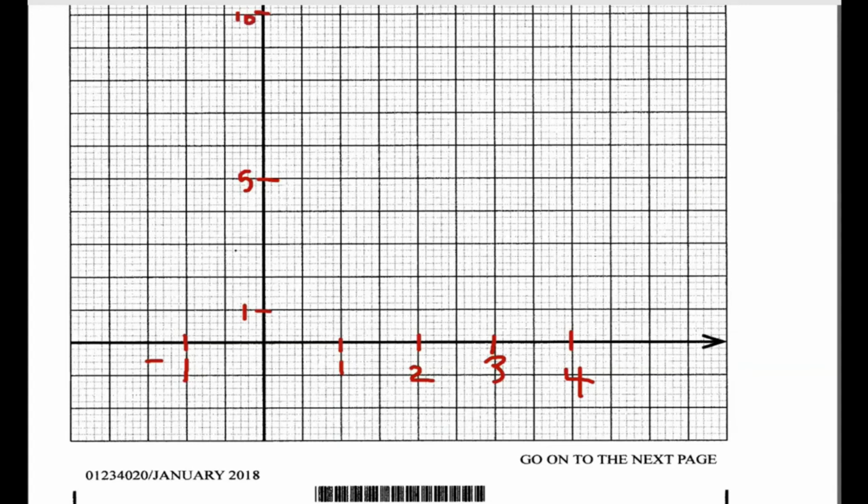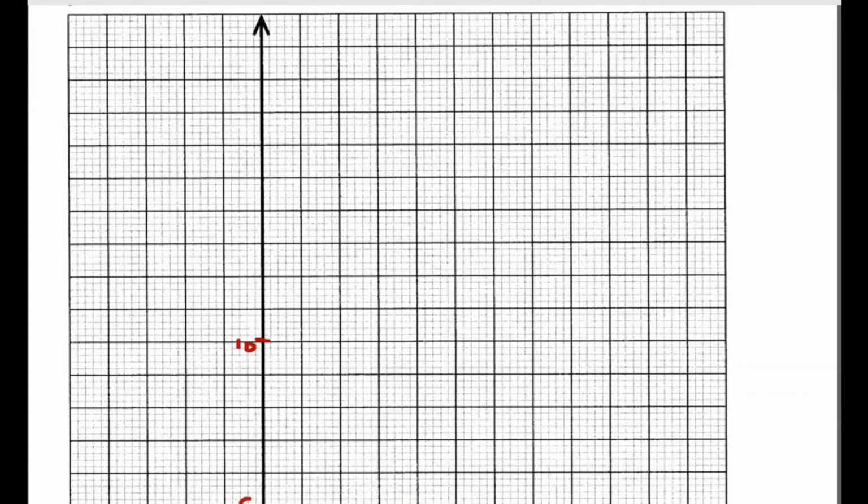We'll continue going up. 10, 11, 12, 13, 14, 15, 16, 17, 18, 19. This up here is 20, which didn't go so far anyways. All right. So now let's go ahead and plot the points.